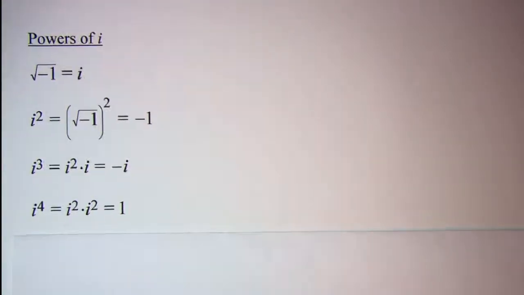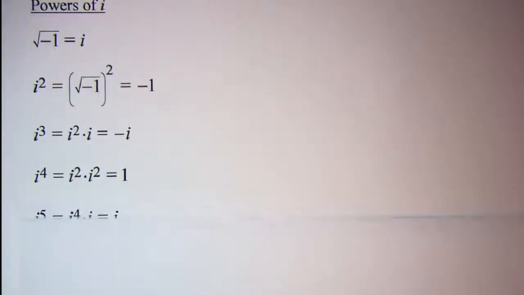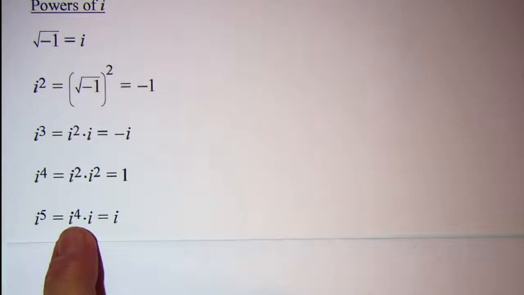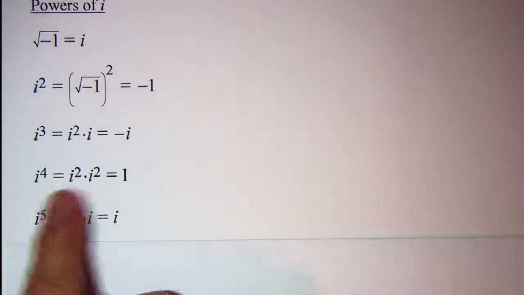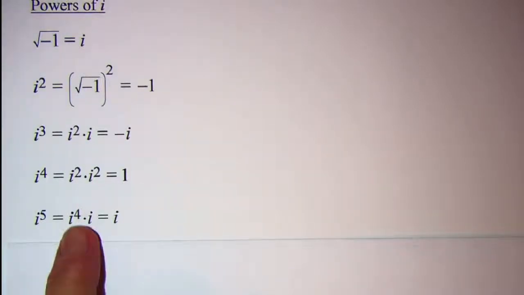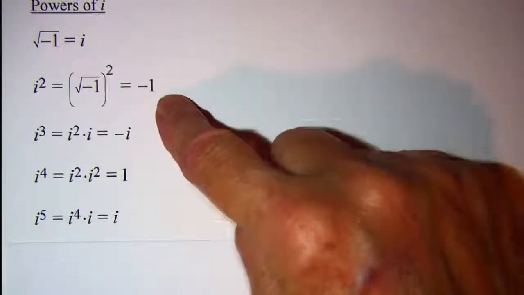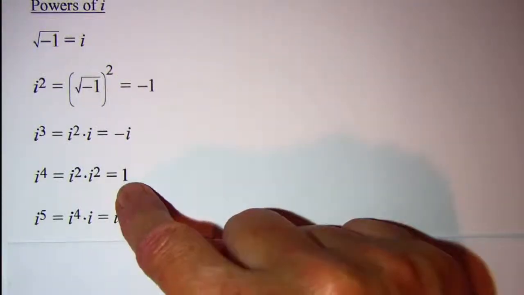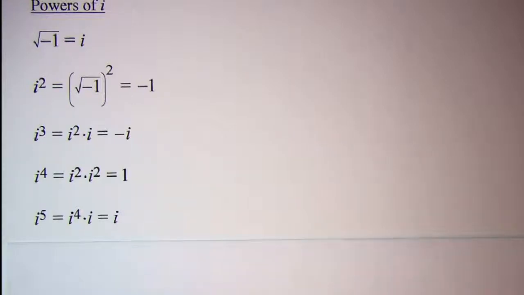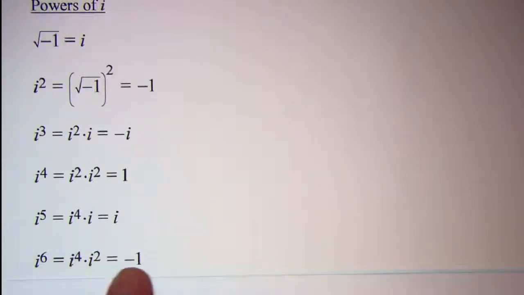Now, notice here on i to the fifth that that's the same as i to the fourth, which is just 1 times i. So we're back at i. So we have i, -1, -i, 1. And then we start over with i, and then i to the sixth is -1.